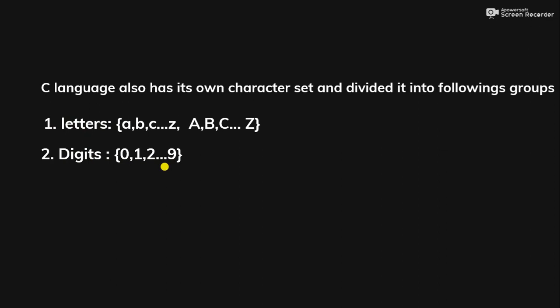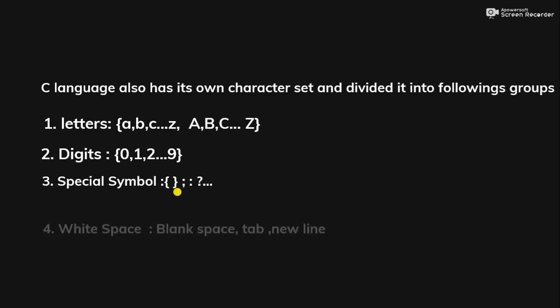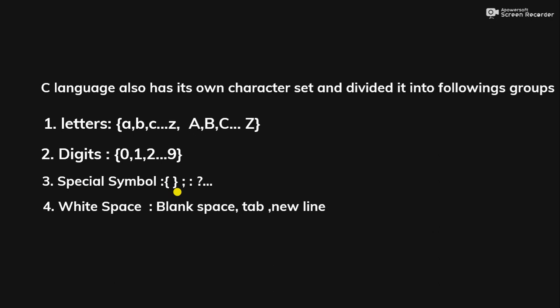The third type of character set is the special symbols. These special symbols are the opening curly brace, the closing curly brace, semicolon, colon, question mark and many more. We also use these special symbols in our C program. And last but not least, another type of C character set is white space.